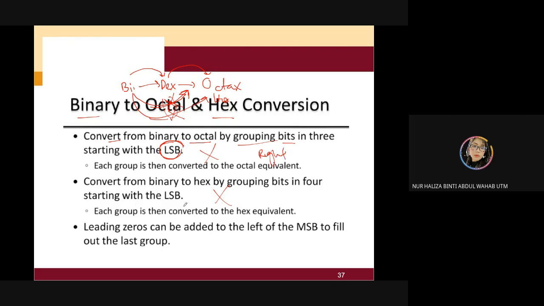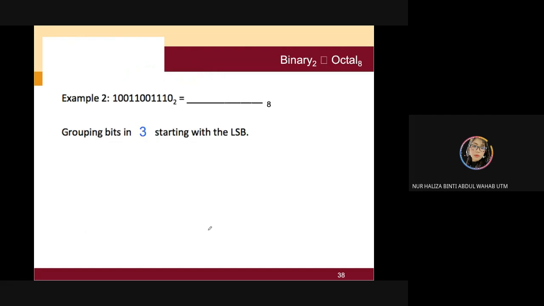So you can see, because this is base 8, you need to group it into 3. Why? This is logical thinking. 8 in binary will be 1 0 0. Later on I will show you the logic.